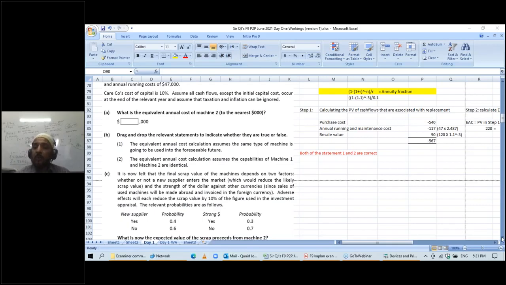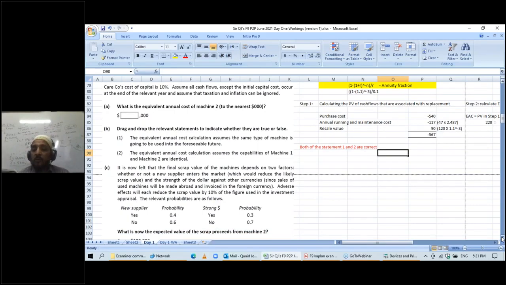If you make proper workings, but you make a clerical mistake in either calculating or punching in figures, still you will be awarded marks. But in case of section A and B, no marks will be awarded for your workings. So don't worry about the presentation of workings in section A and B. Only C you have to worry about it, right?